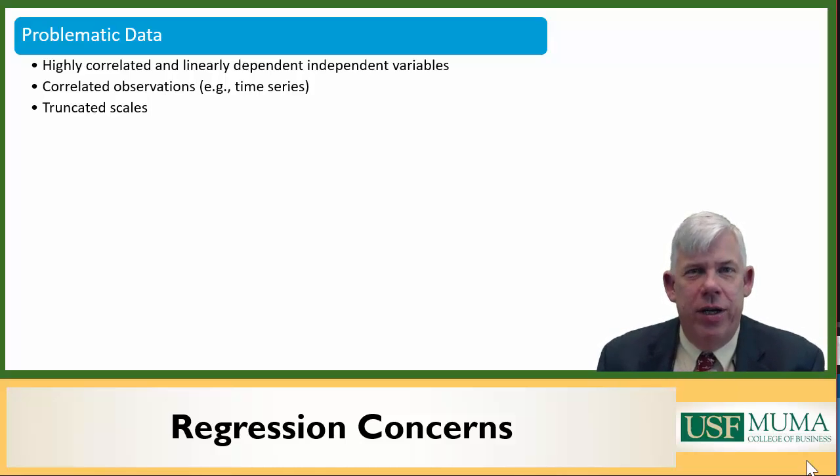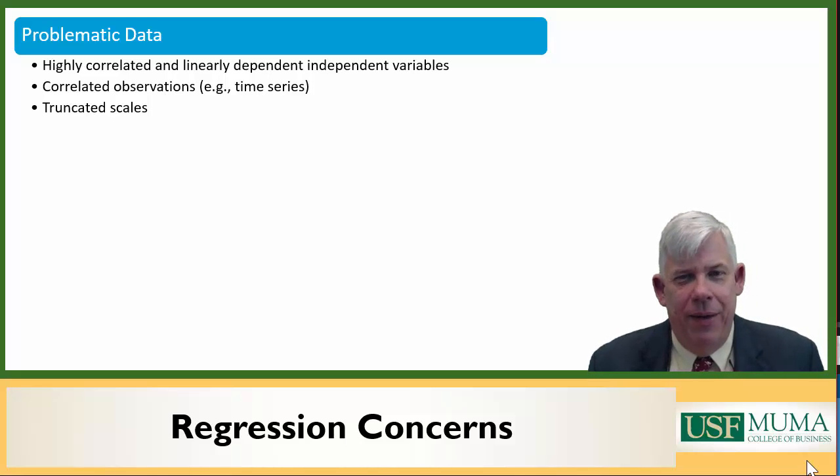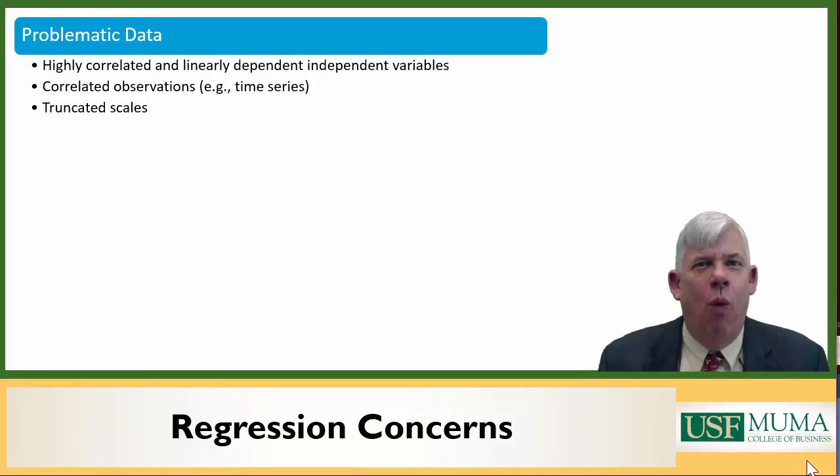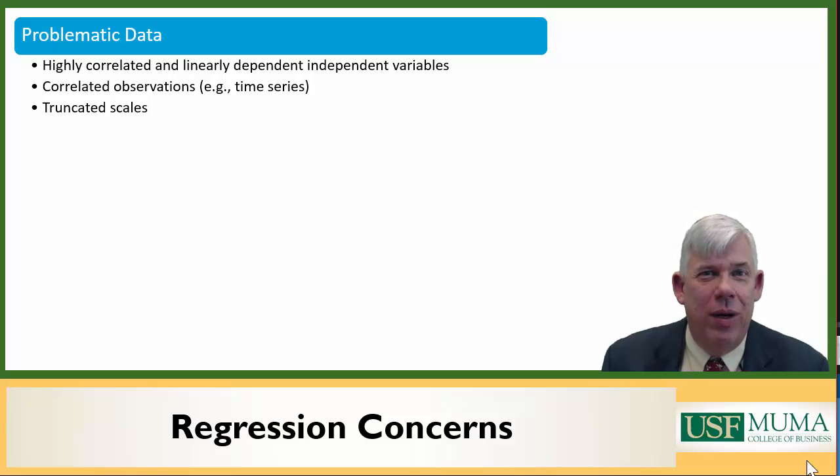Truncated scales is another issue. For example, I think I've mentioned earlier that something like 50% of the world's wealth is associated with 1% of the population. Well, if you have a wealth scale that goes from 1, very poor, to 5, very wealthy, what's going to happen is that there's going to be a huge range within that very wealthy area, and so as a consequence, you can easily lose important data.